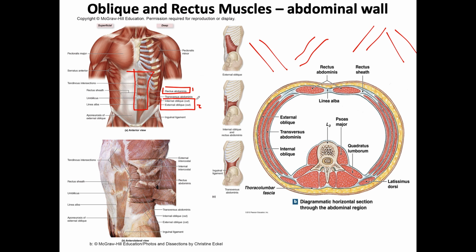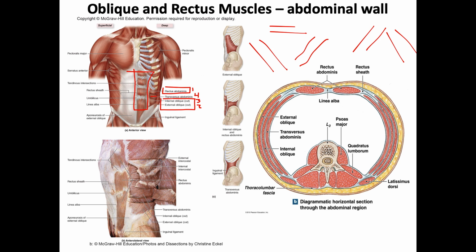Then we go to the internal obliques that are deeper. And then the deepest of these muscles is the transversus abdominis. And those are running, as you can imagine, in the transverse direction. So when they contract, they kind of tighten everything up there. Okay. Again, look at the models here. They're very helpful.